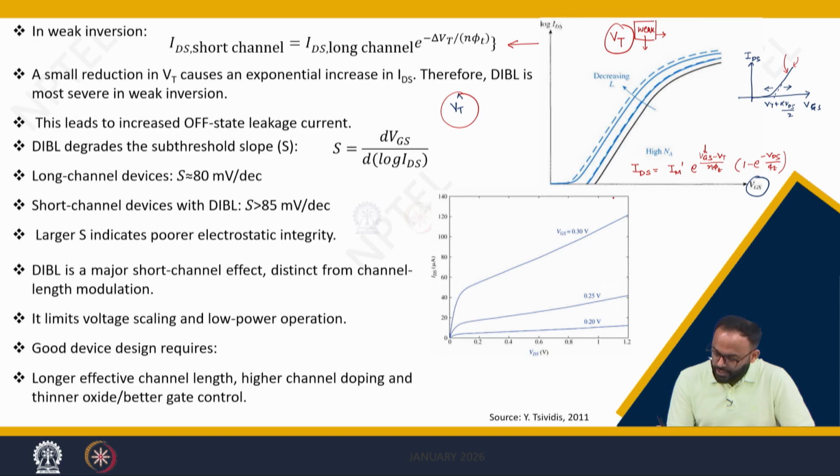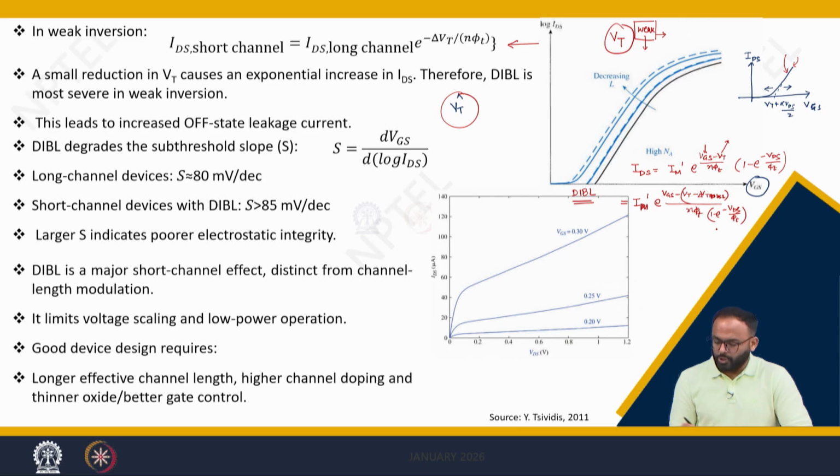Now, what is happening here? Because of DIBL the threshold voltage changes, right. So, let us consider that my threshold voltage is changed by a smaller value, delta Vt. I can rewrite this equation as I m dash e to the power of (Vgs minus Vtm, or delta due to DIBL) divided by (n into phi t), into (1 minus e to the power of minus Vds divided by phi t).